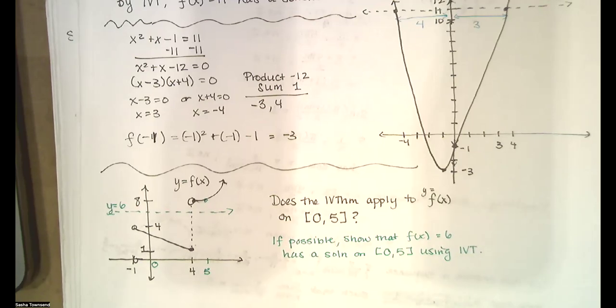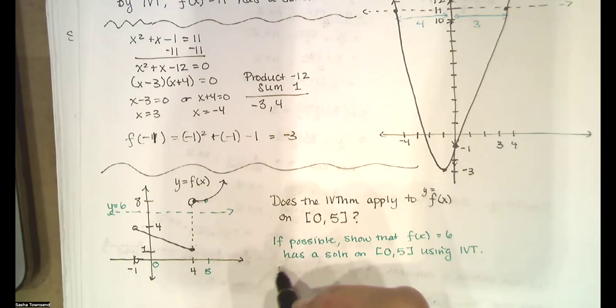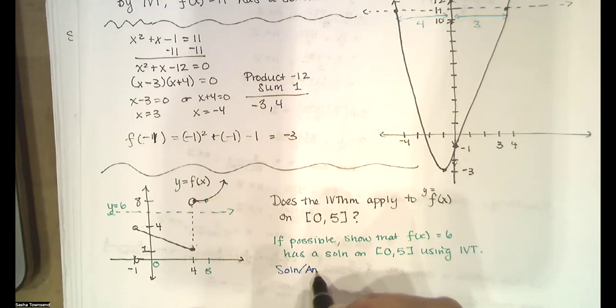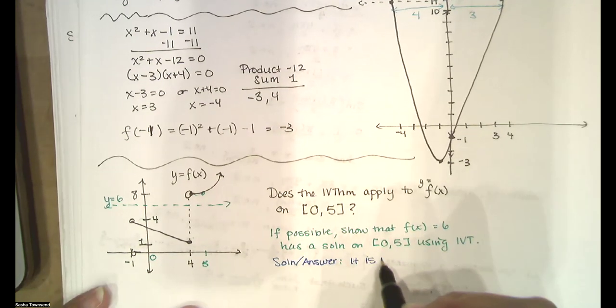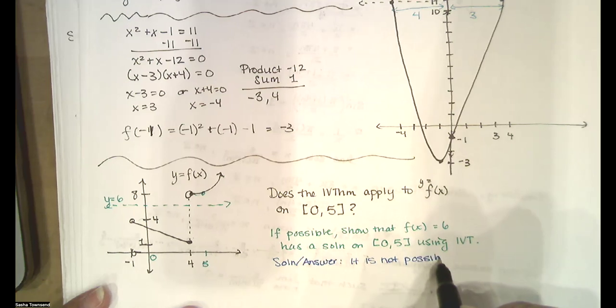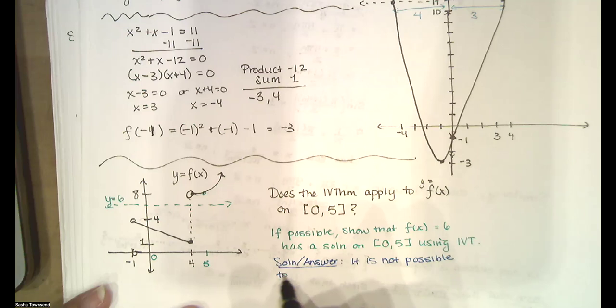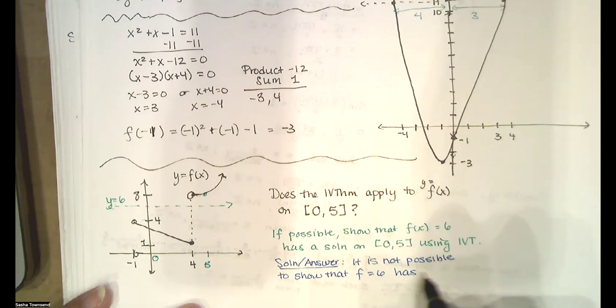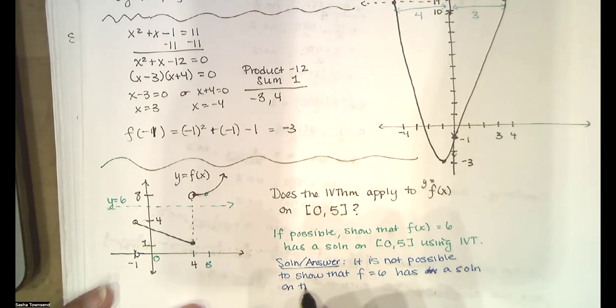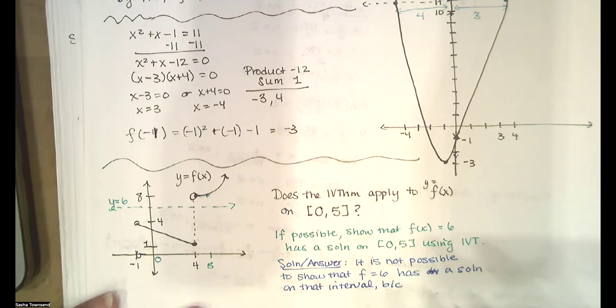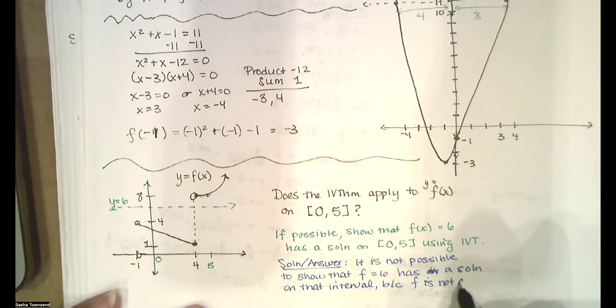And we would say so. The answer to this short answer question is: it is not possible to show that f equals 6 has a solution on that interval, because f is not continuous on that interval.